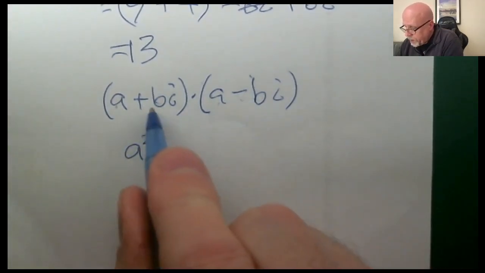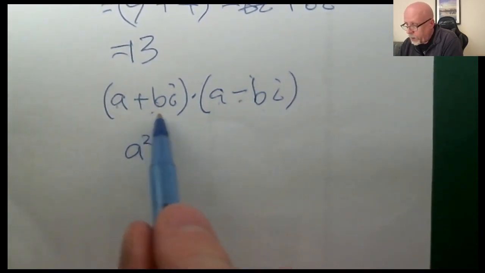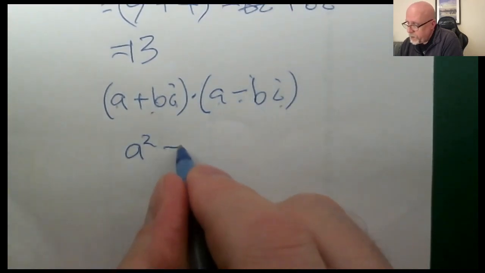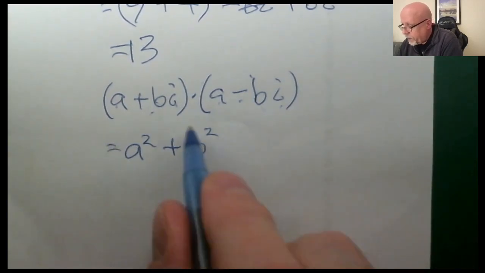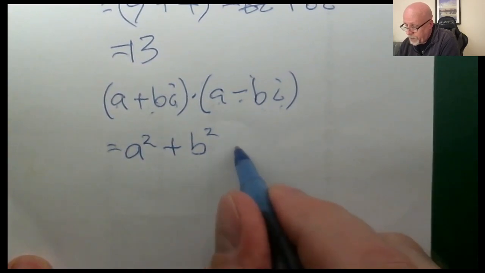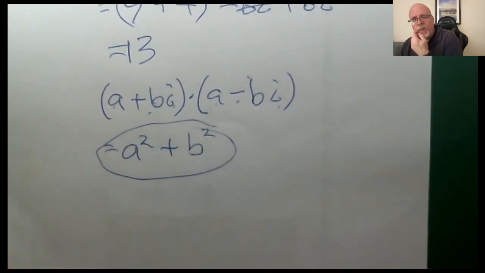There's going to be a minus sign from the second thing's minus sign. We'll have b squared, and then there's another minus sign because of the i times i. So this is a squared plus b squared. And the other stuff, abi and minus abi, cancel each other out. So that's it. It's a nice reduction.